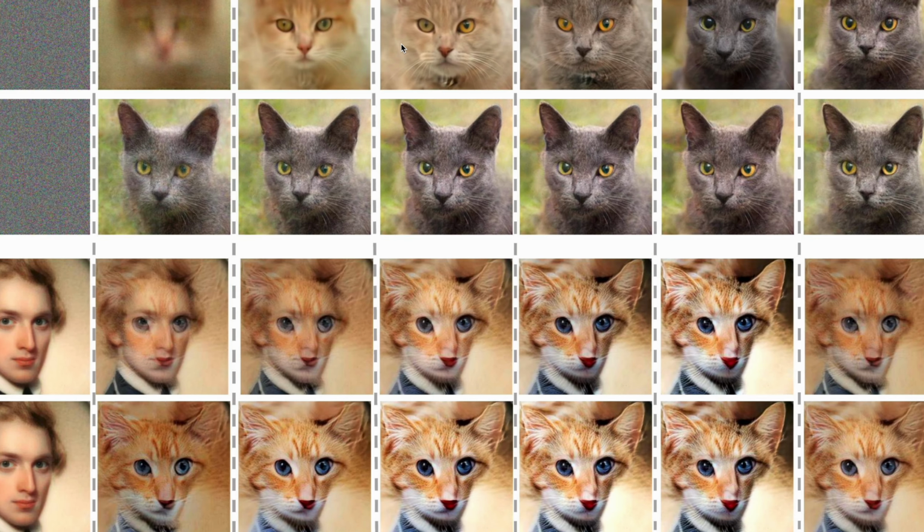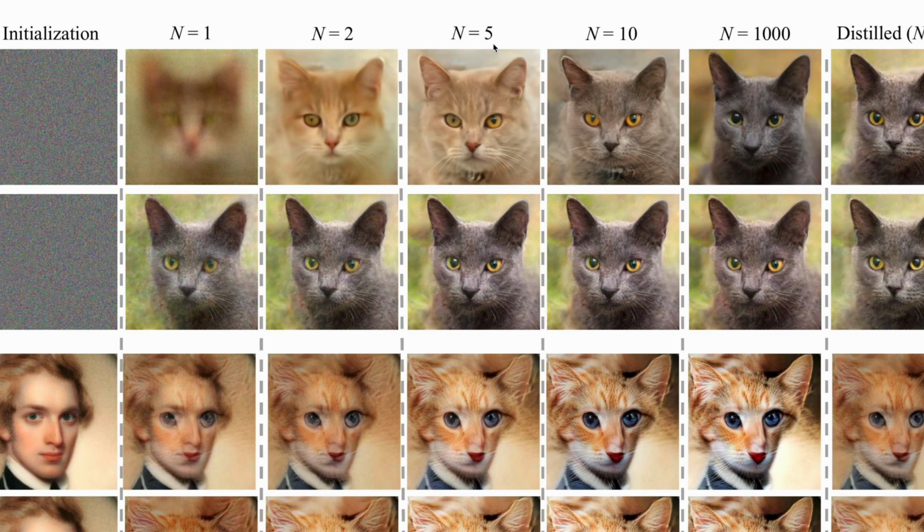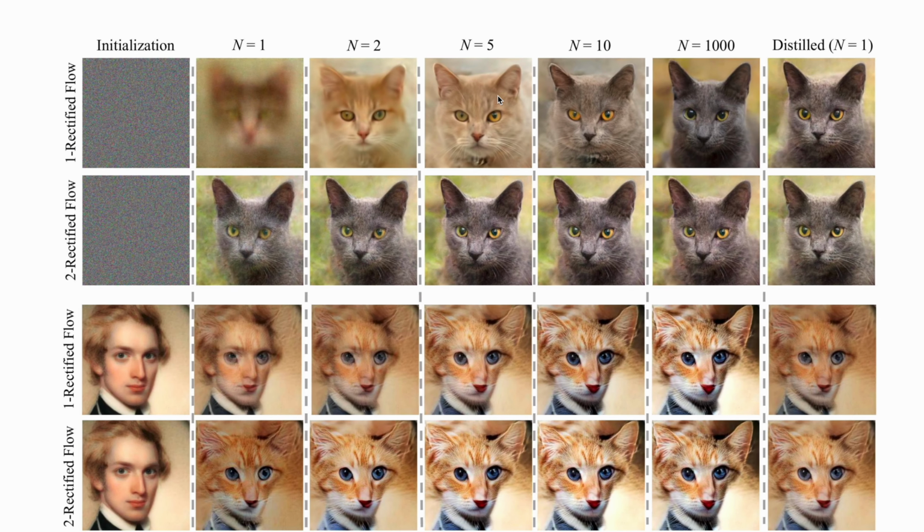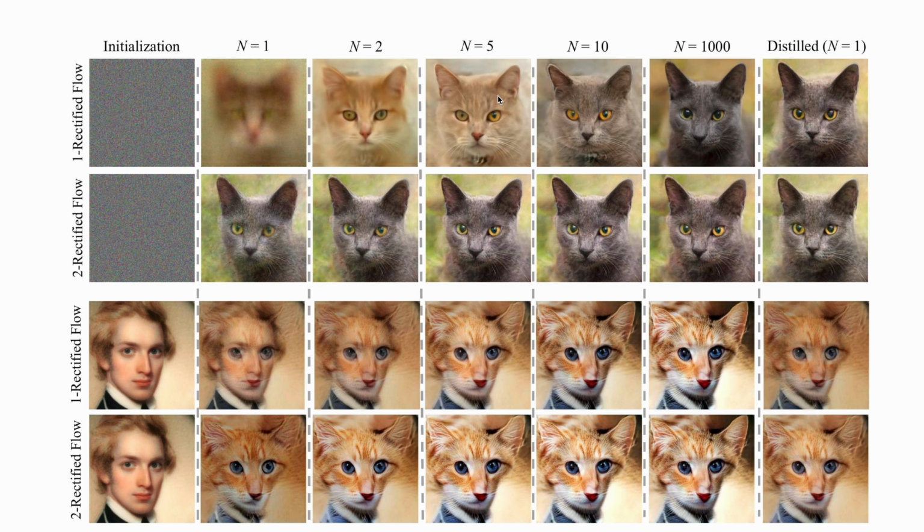But what you can see is that with only 2 steps, or with only maybe 5 or 10 steps, you can have very good results. Okay, sorry, let's go back to it. So with the first rectified flow algorithm, you can see that to reach the end image, maybe you need 10 steps. That's already nice, that's decent when compared to diffusion models.